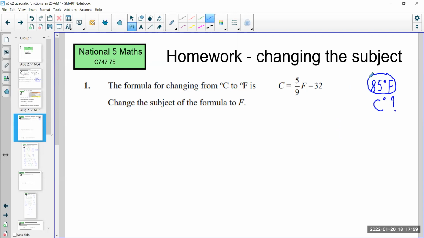85, you plug it in where it says F, and you get your temperature in degrees C. So let's have a look.